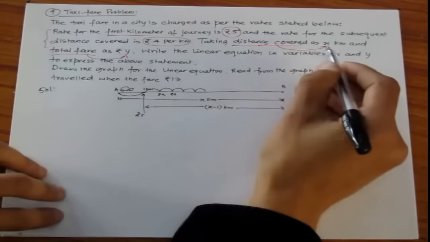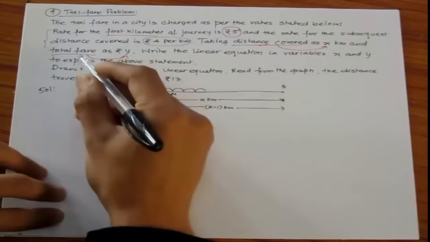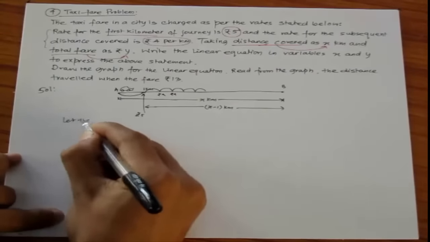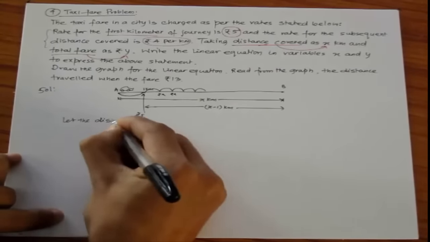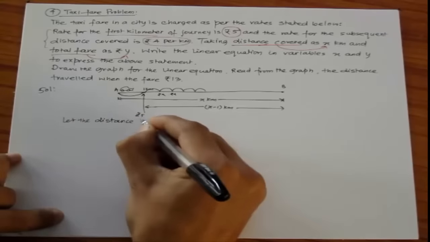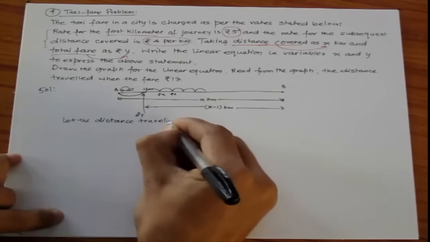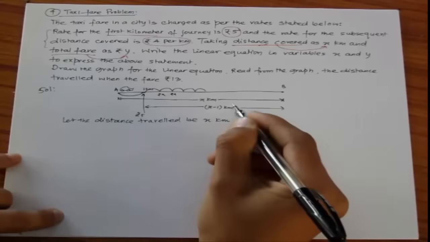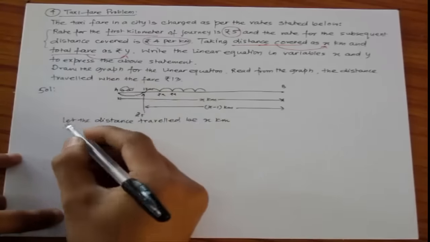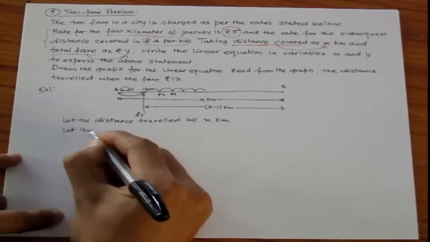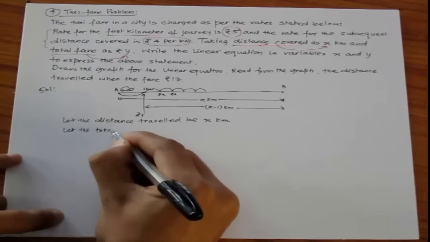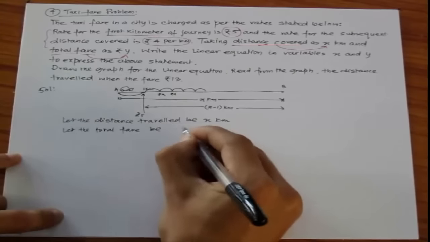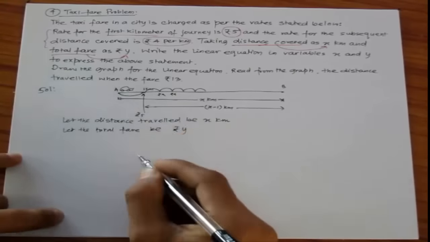So here the unknowns are distance covered and total fare. So what are we going to write? Let the distance traveled be x kilometer, and the next unknown is fare, and let the total fare be ₹y.